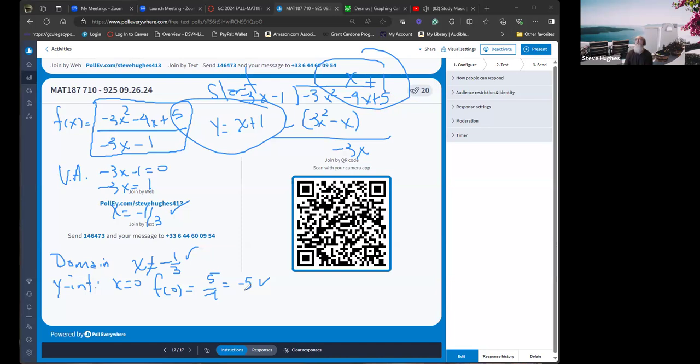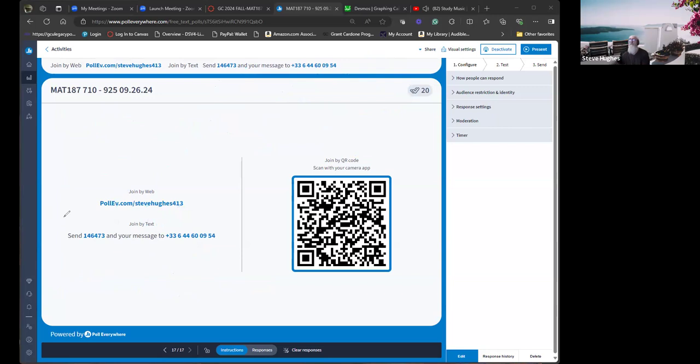All right, now the question was, Kelsey asked, what if it is a curved asymptote? Let's look at one of those. If it's a curved asymptote, the degree of the numerator has to be greater by 2, right? So it could be something like, suppose I had 2x cubed minus 4x squared plus 6x plus 1 divided by x plus 2.